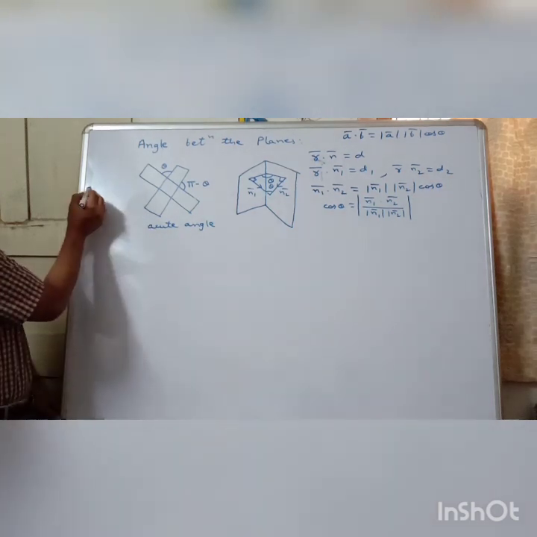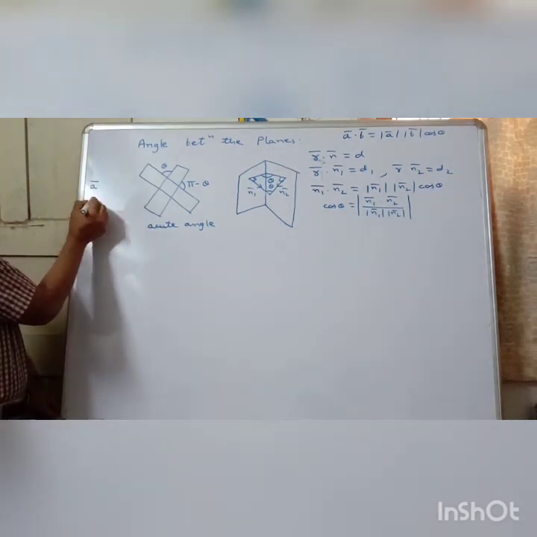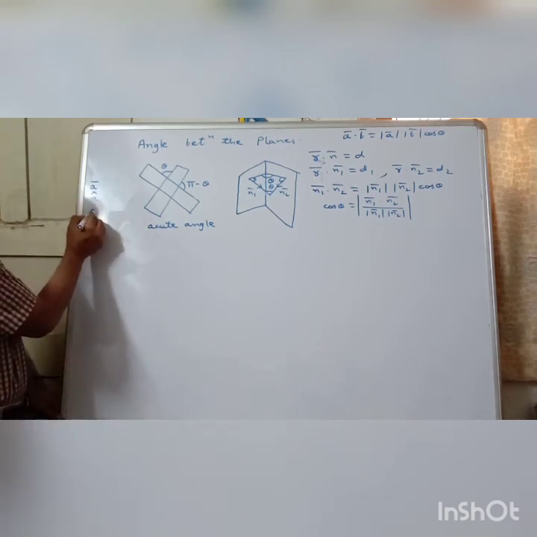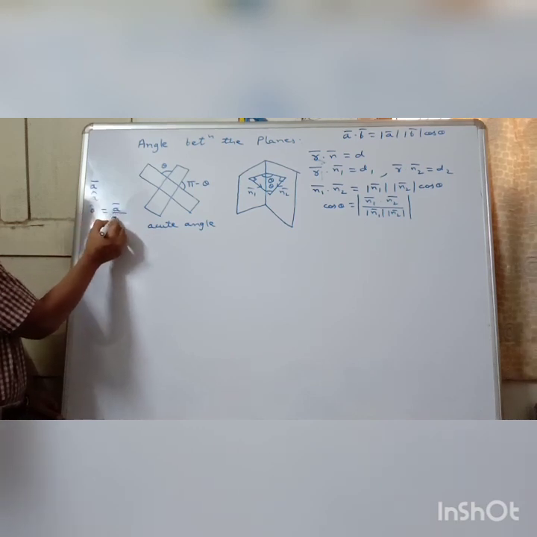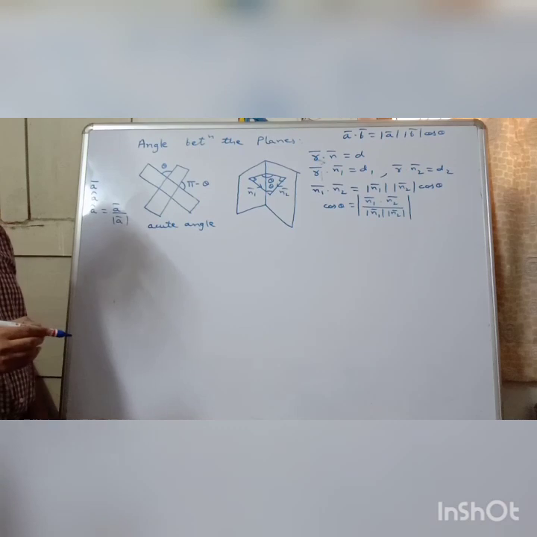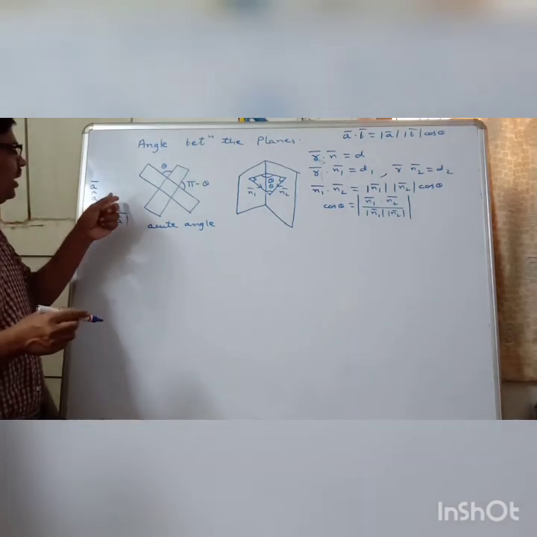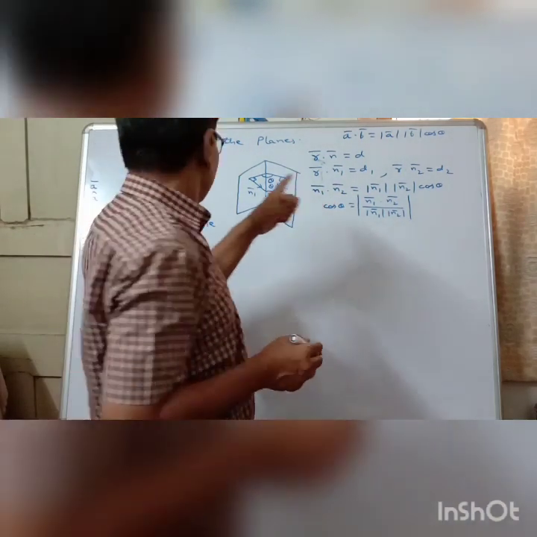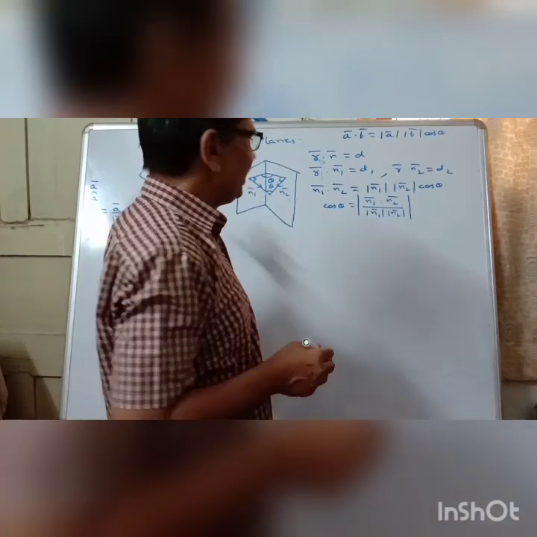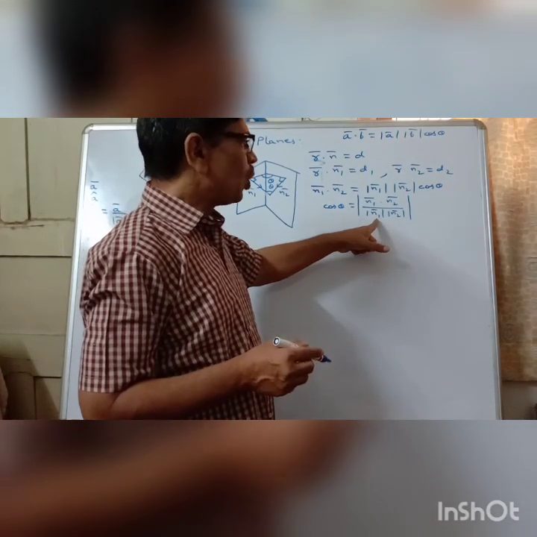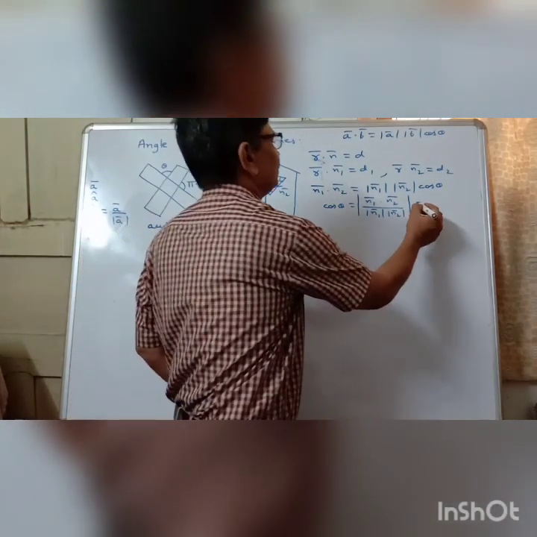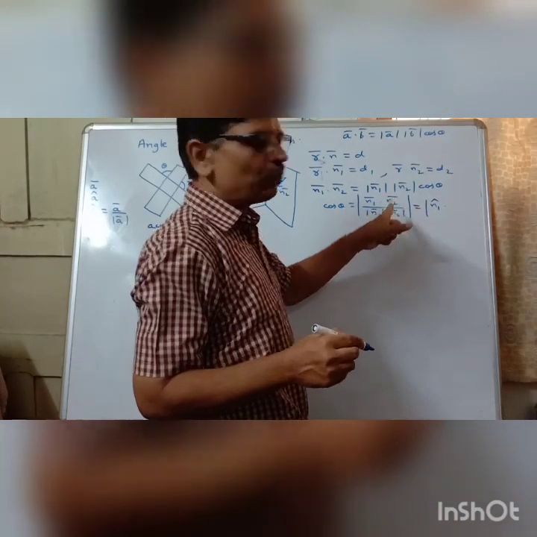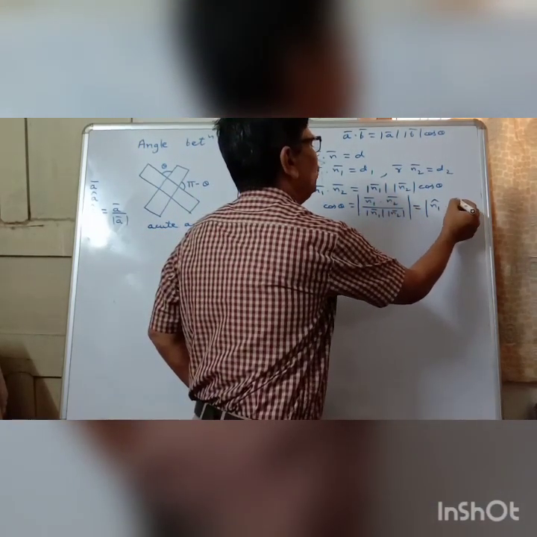If A bar is a vector and A cap is the unit vector along A bar, then A cap equals A bar upon magnitude of A bar. To get a unit vector, we have to divide the vector by its magnitude. So it is N1 bar upon magnitude of N1 bar, which is N1 cap, dot N2 bar upon magnitude of N2 bar, which is N2 cap.